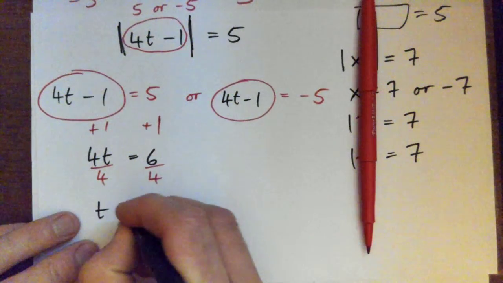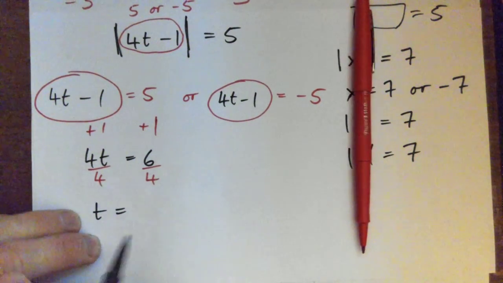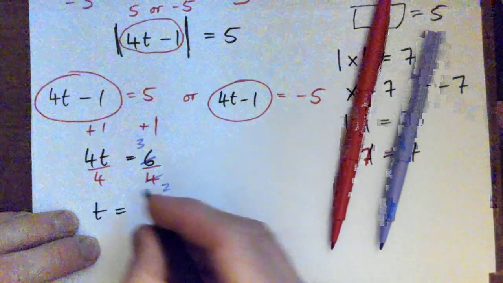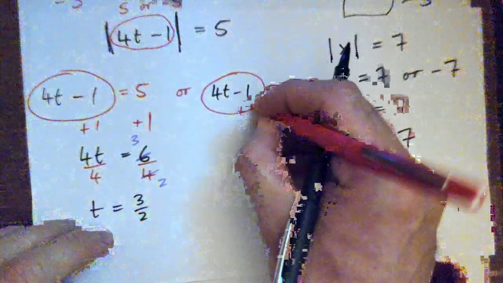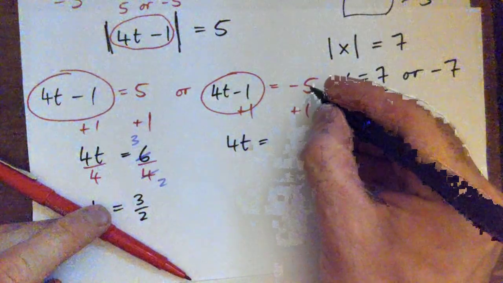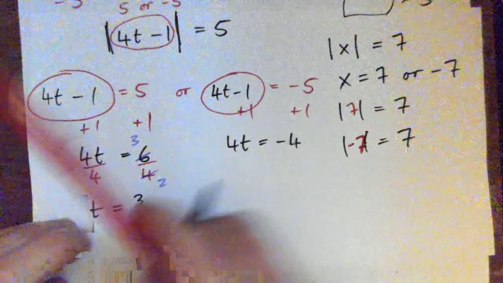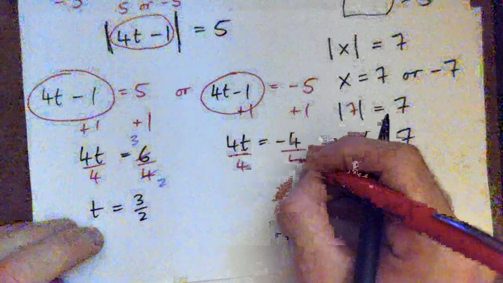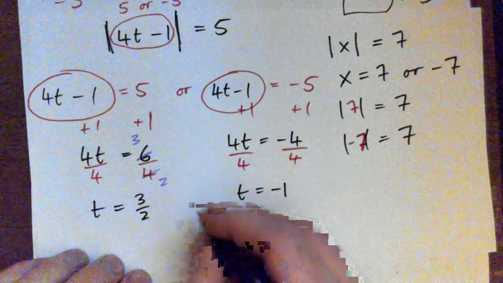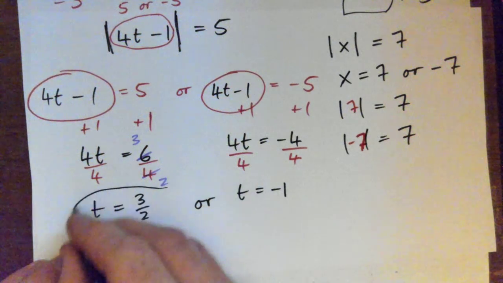If I simplify that, 2 into that goes 3 times, 2 into that goes twice, 3 over 2. Solve this one, add 1, and I get 4t equals negative 5 plus 1, which is negative 4. Then divide by 4, and t is negative 1. So t equals 3 over 2 or negative 1. 2 solutions.